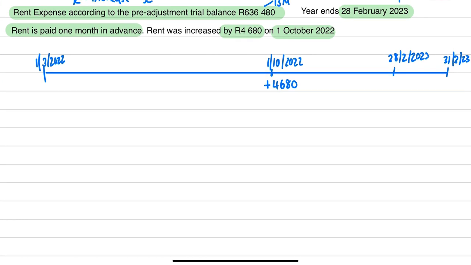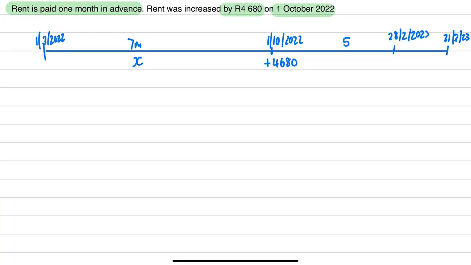So we paid X amount for March, April, May, June, July, August, and September, which is 7 months. For October, November, December, January, February, plus an extra month, so 5 months plus 1 extra, we paid not the normal X, but X plus 4,680.